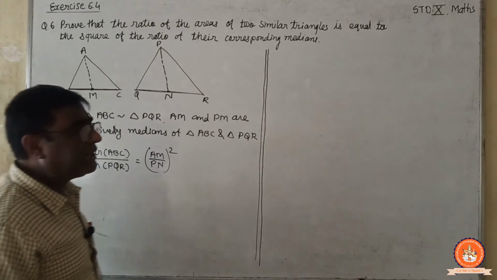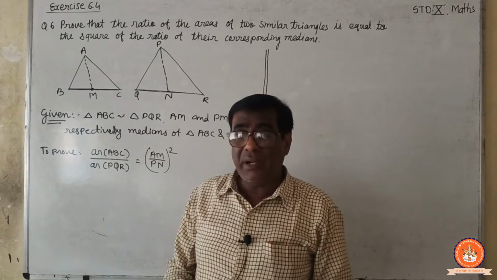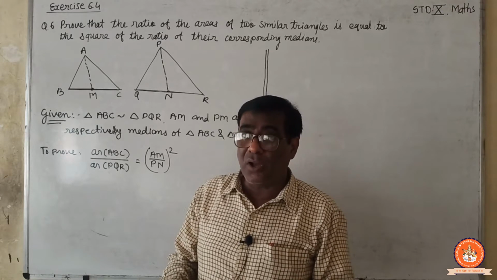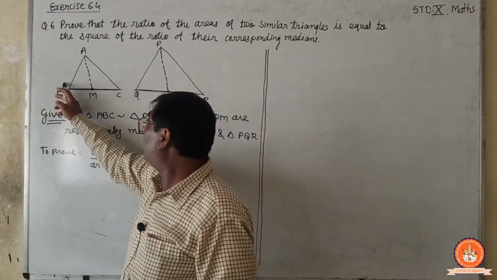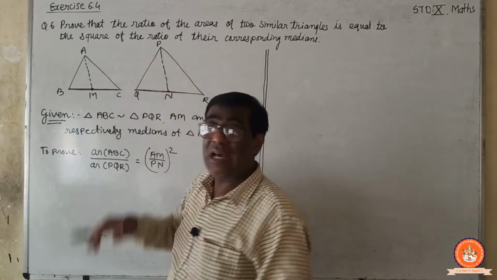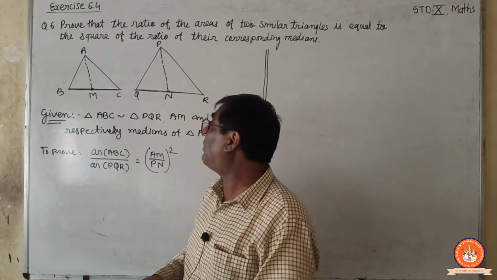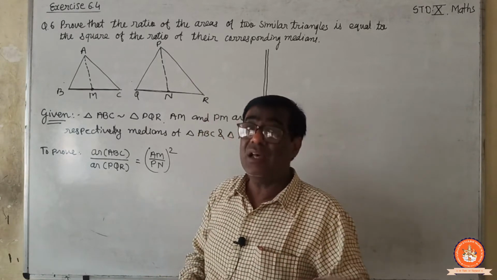So we need to set the relation between AB and PQ, और AM upon PN का रिलेशन सेट करना है. तो हम AB अपन PQ की जगह पे AM अपन PN लिख पाएंगे.